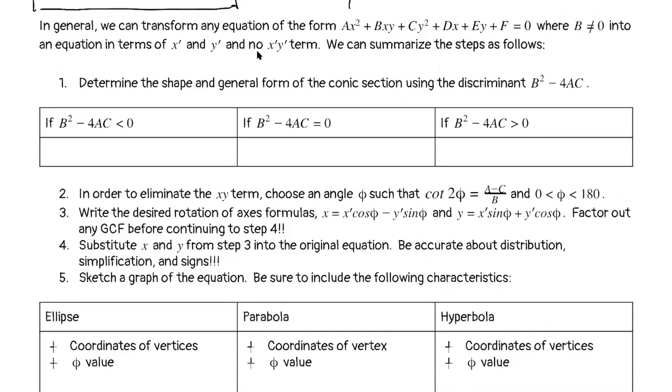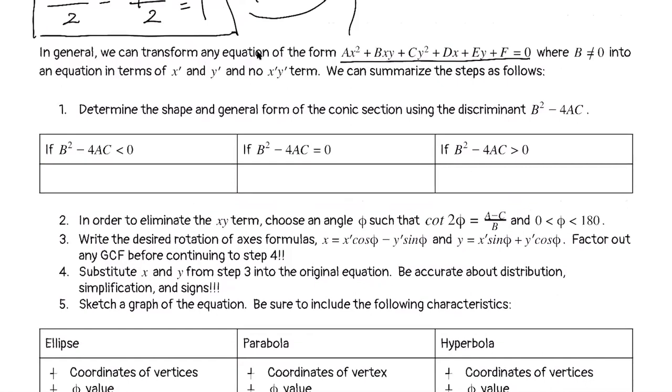So in general, we can transform any equation of this form. There are six letters in here: Ax squared plus Bxy plus Cy squared plus Dx plus Ey plus F equals 0. The one caveat is that B is not equal to 0, so we have an xy term. The xy term is what makes it tricky to complete the square, because in all the examples we've seen of completing the square, you only have terms with x's or only terms with y's.